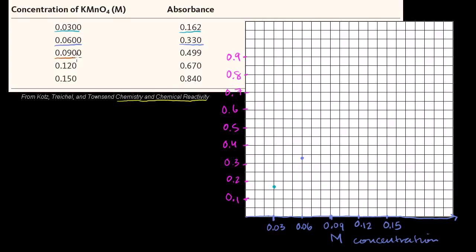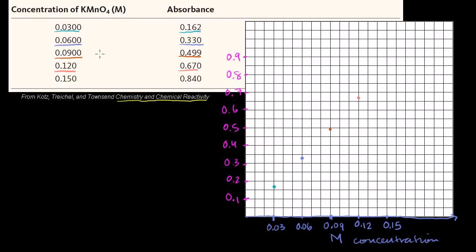So at 0.09 molarity, we have 0.499. So almost 0.5 right over there. And then at 0.12, we have 0.67 absorbance. So at 0.12, we have 0.67 right over there.